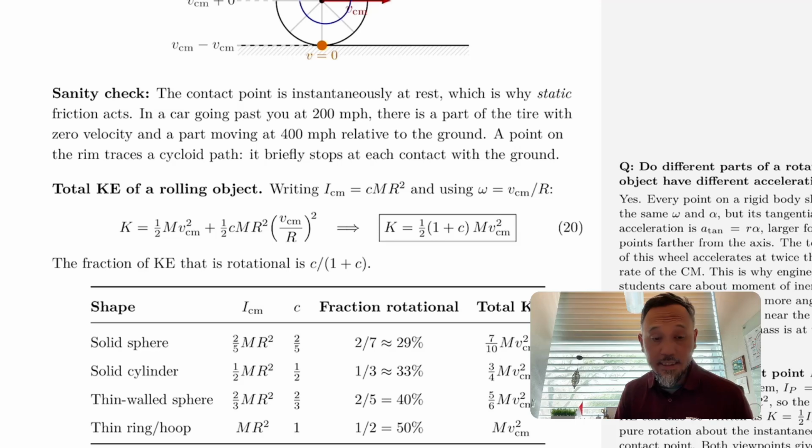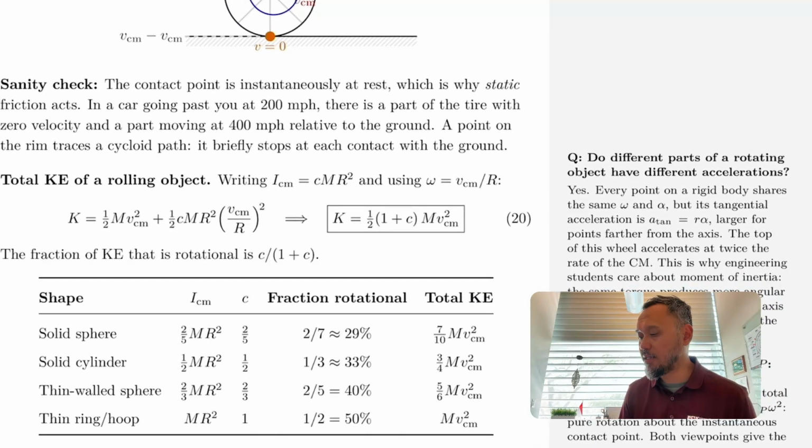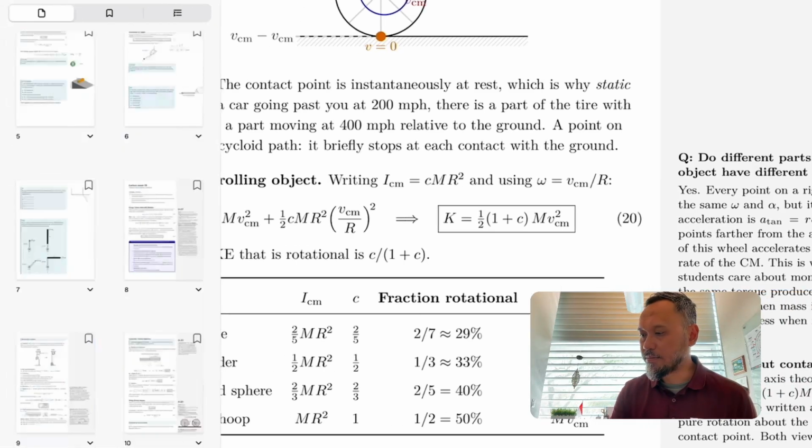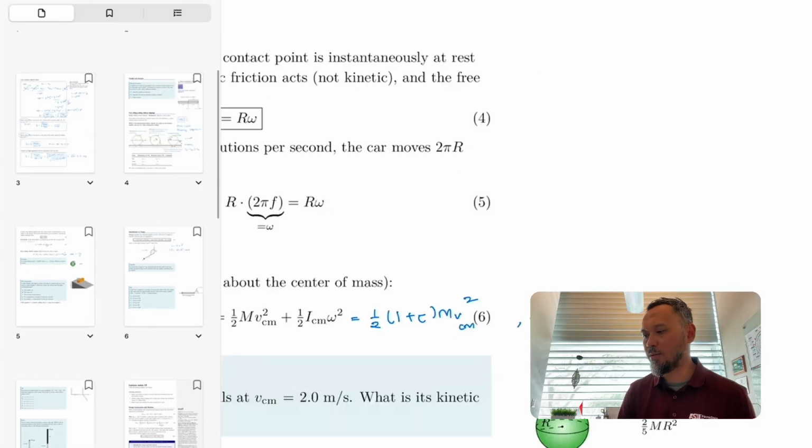The higher the c, the more stubborn the object is, the more difficult it is to rotate. Let's return to the lecture notes.